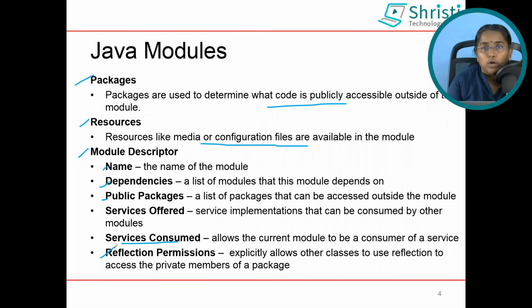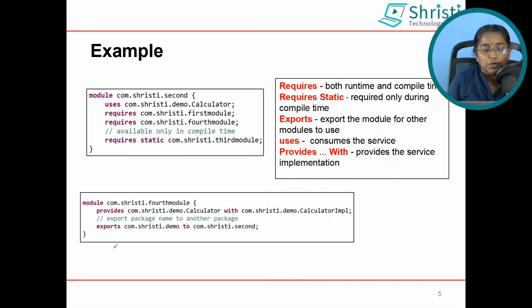Whenever I want to access the private members of another class, it is not possible, so for that we can use the reflection API. Permission means the module explicitly allows certain classes to access the private members of other classes. For this it uses the reflection API. Now let us see an example of a module.